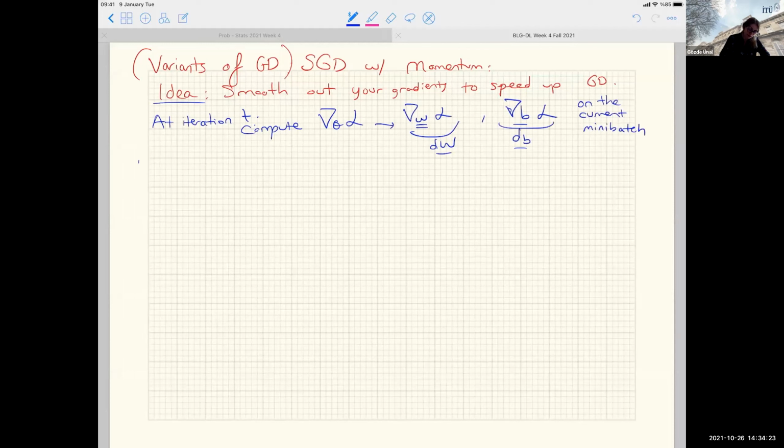We add momentum now. Momentum brings the information, or the mass, from before. You initialize these, remember, as VdW and VdB. Maybe I could have kept them as dV and dW, but let's keep them as they are. This is the accumulated gradient, so this is fine. VdW and VdB are 0.